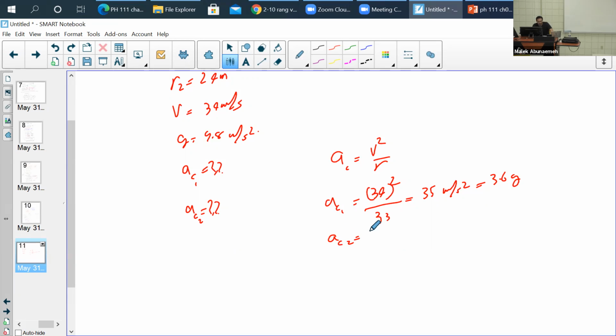AC2 is going to equal 34 squared divided by 24. That's going to equal 48 meters per second squared. The 48 is almost 4.9 times the gravity that you are going at.